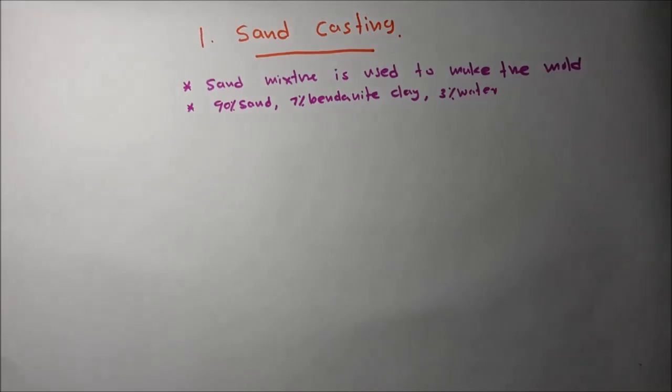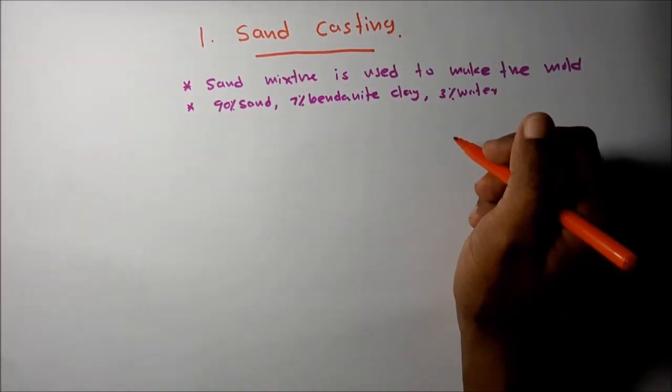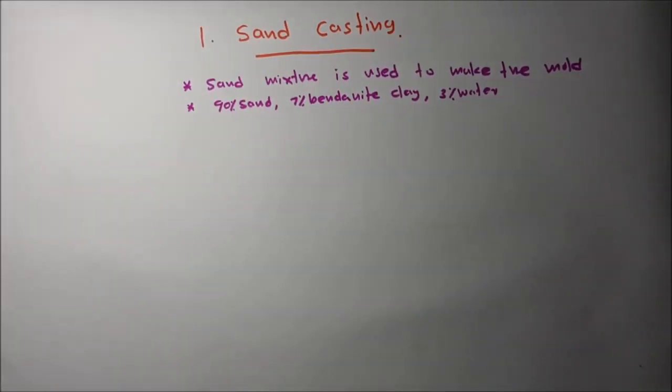In some situations resin binders are also added to this mixture. Without the resin binders, this is the composition: 90% sand, 7% bentonite clay, and 3% water. Sand casting is the most widely used casting method in the casting industry.